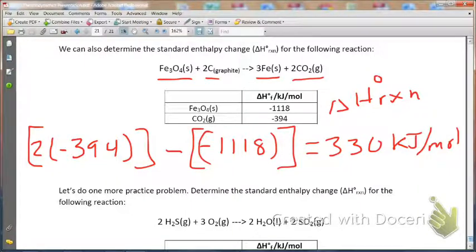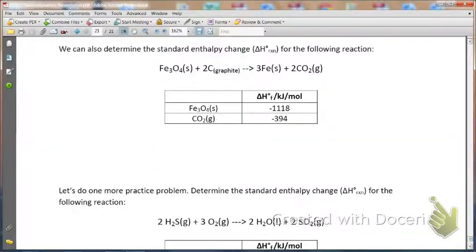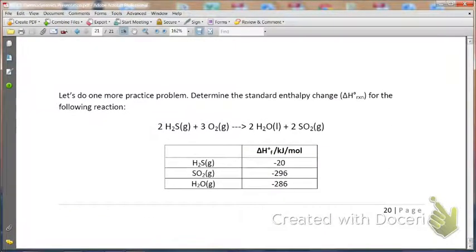So we're doing good, so let's go and do our last problem here. I don't have a lot of room here, so kind of squeeze it in as best you can. So again, we start out with our products. Water first, that's our first product.